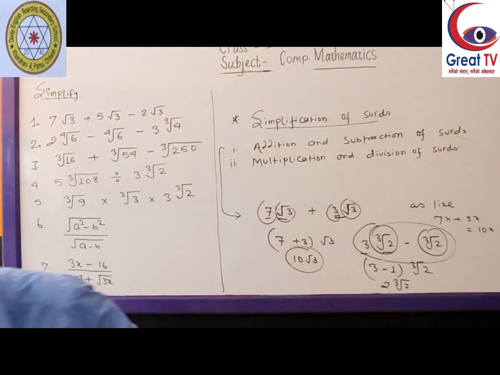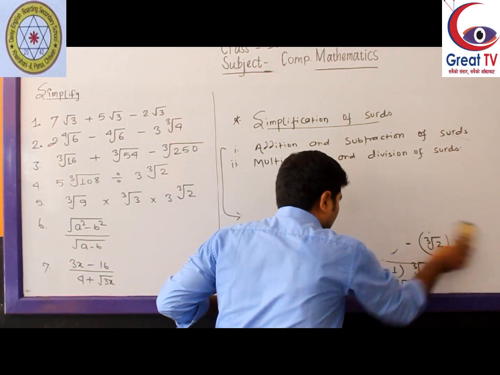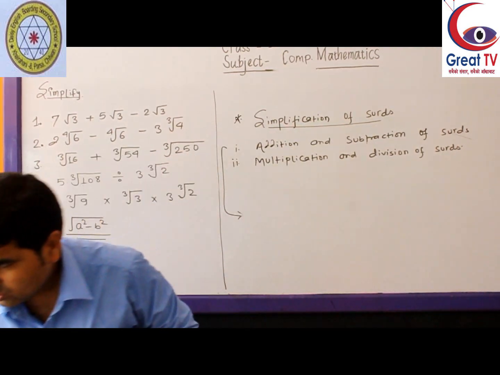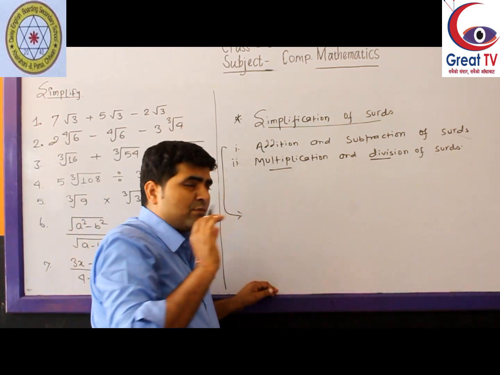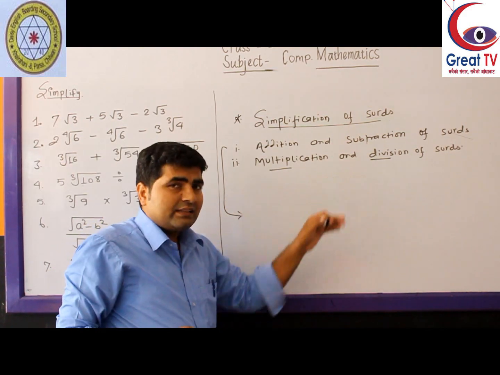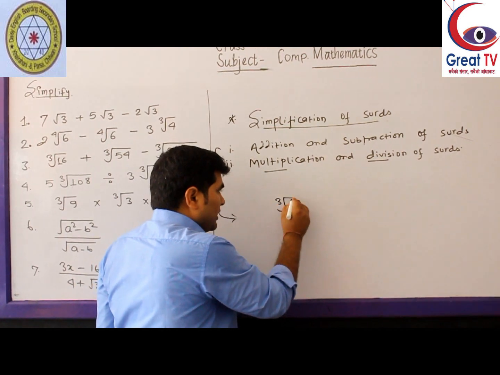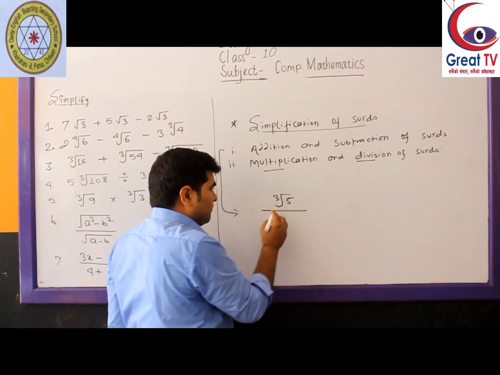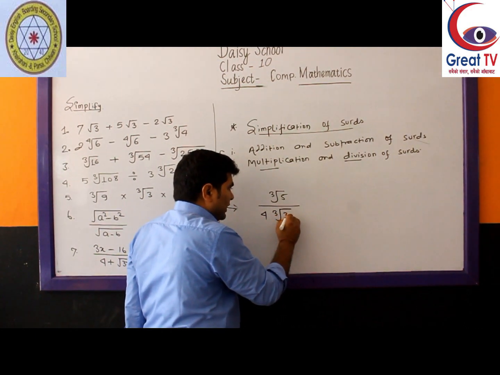Similarly, the second one, multiplication and division of Surds. We can multiply or divide if they have the same order. If they have the same order, we can multiply and divide the given Surds. For example, cube root under 5 divided by 4 cube root under 3.